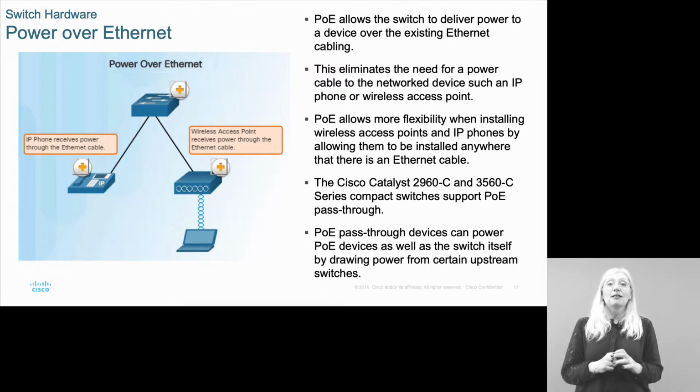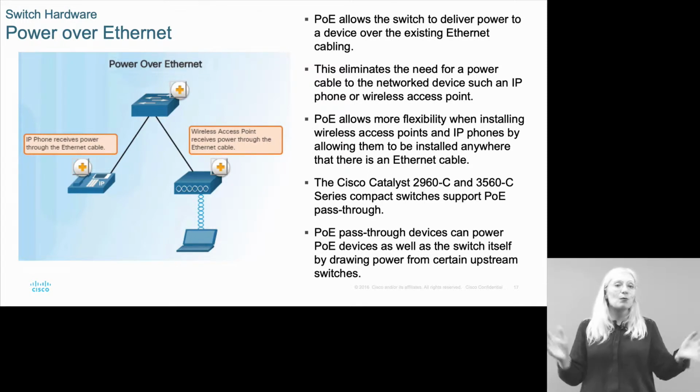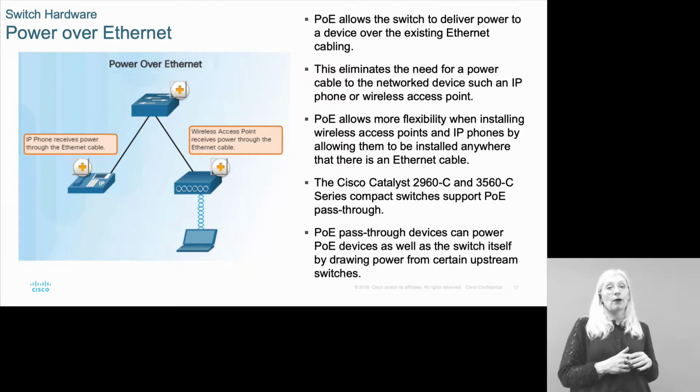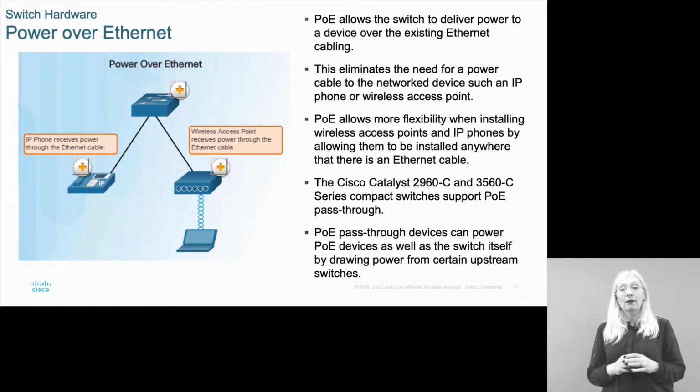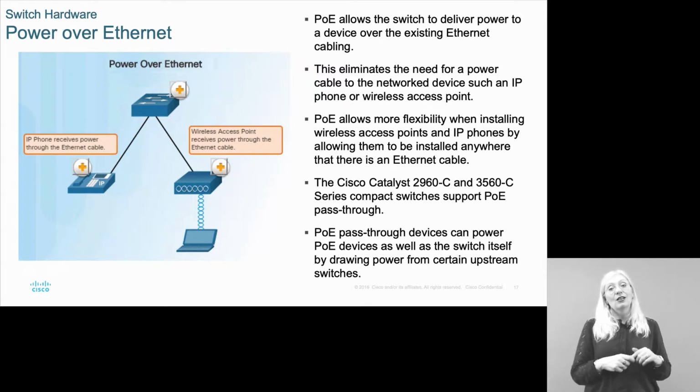Another thing you have to consider is if you want to use power over Ethernet, and you would probably like that if you have a wireless network connected, which most people have today. Power over Ethernet means that, for instance, you can power your access point through the Ethernet ports. So when you install all your access points in your building, you don't have to make sure that the electrical cables are also available for the access point.